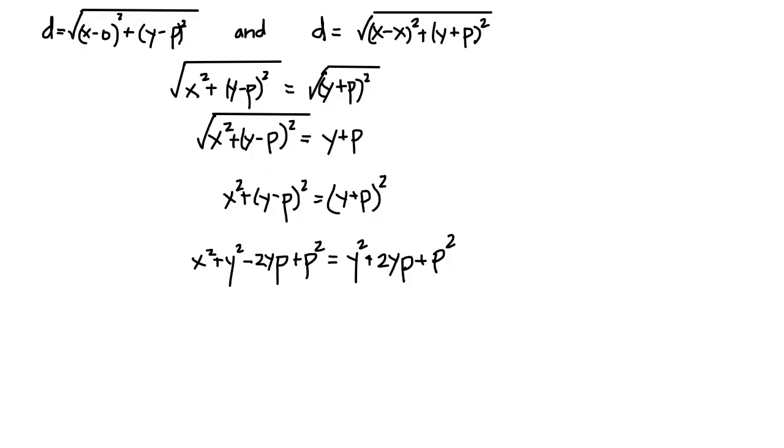If I square both sides, I get x squared plus y squared minus 2yp plus p squared equals y squared plus 2yp plus p squared. I can subtract p squared from both sides, and I can subtract y squared from both sides. That gives me x squared minus 2yp equals 2yp. So x squared equals 4yp.